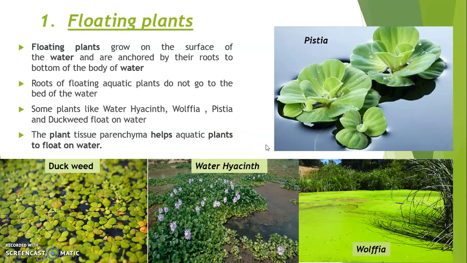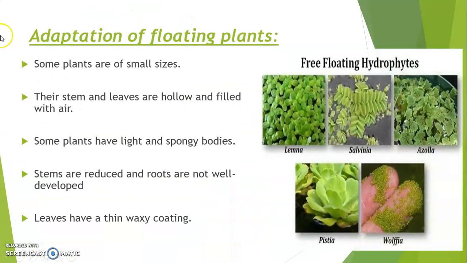Let's see how they adapt to live on the water surface. Adaptation of floating plants. So some plants are very small in size. As they are very small, they can keep floating on the water. Their stems and leaves are hollow and filled with air.